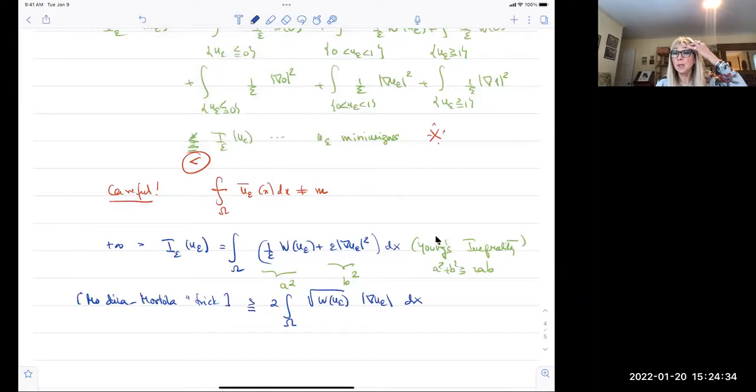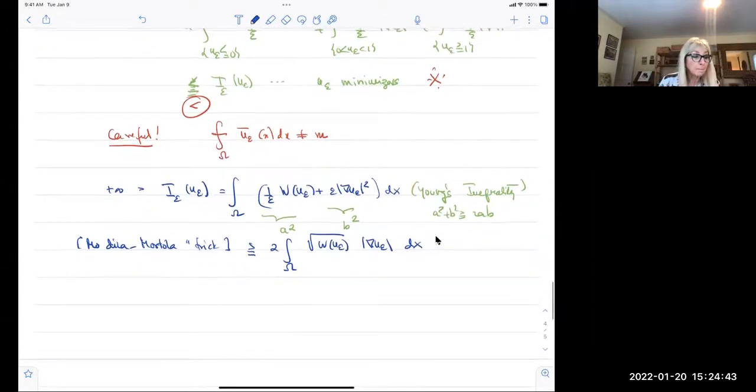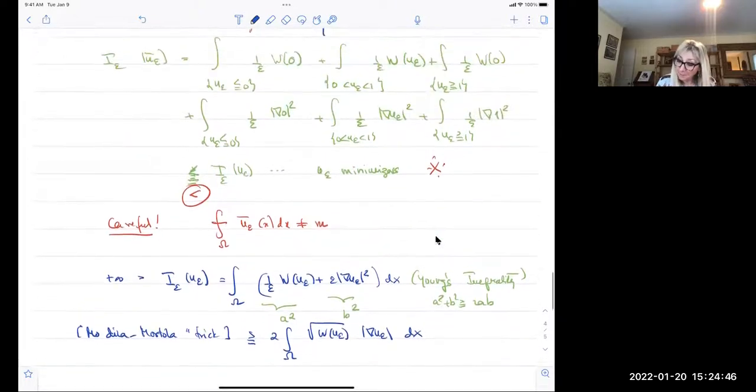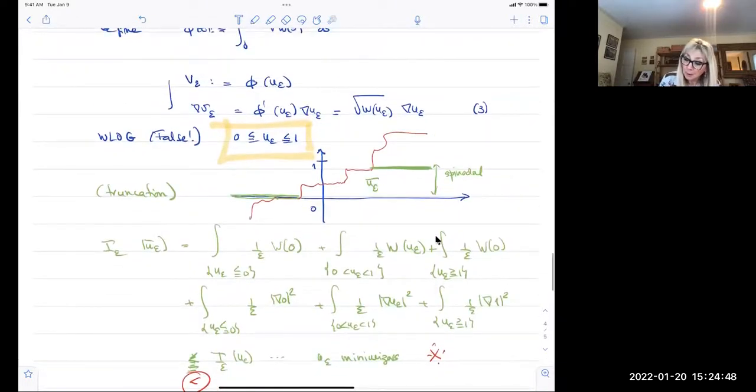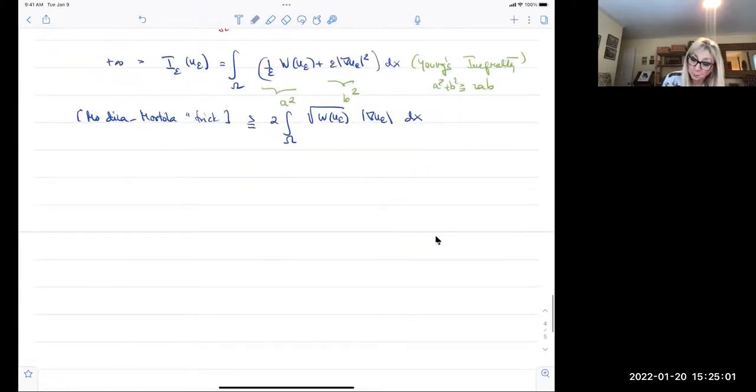You get a 1 over epsilon and an epsilon, so you take the square roots and they cancel out. Okay, but remember 3. This quantity in absolute value is exactly the absolute value of what I call V epsilon. That's by 3. This is going to be twice the integral of grad V epsilon.